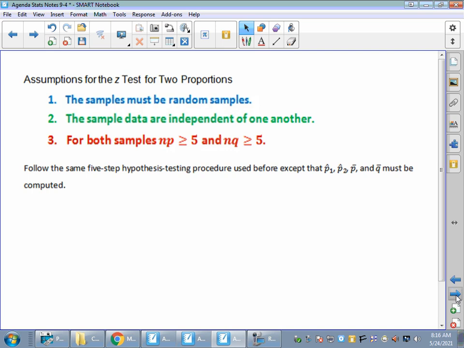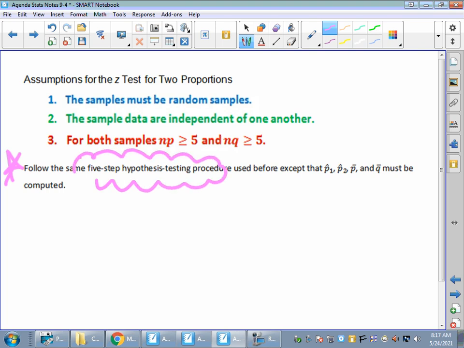So we are going to follow the same 5-step hypothesis testing procedure. We've been doing this for years now, right? Nothing has changed, except we're going to do a little side work. We're going to find p hat of sample 1, p hat of sample 2, p bar, and q bar.